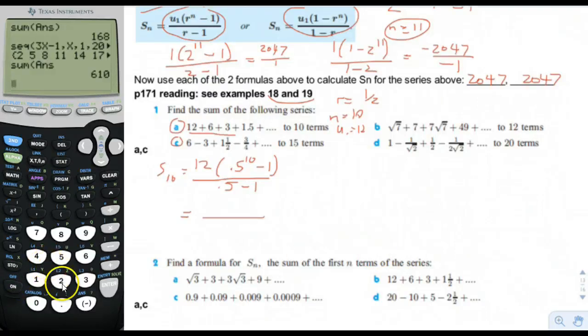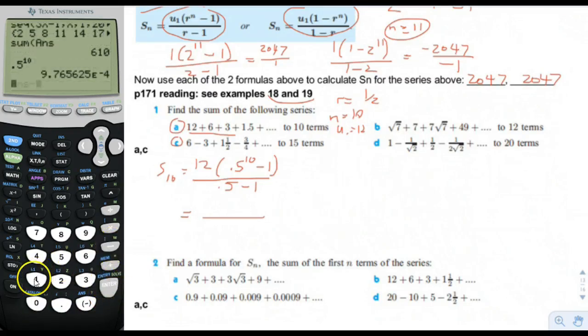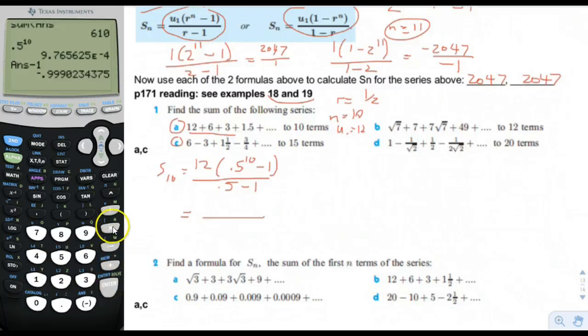It would be 0.5 to the 10th minus 1 times 12 divided by negative 0.5. That's 23.976, which would be 23.98.